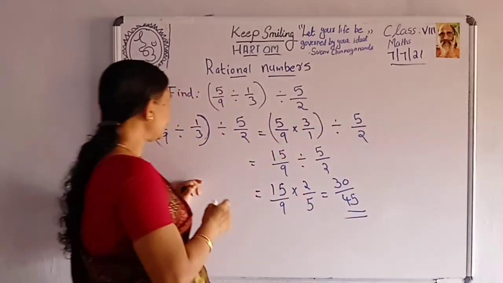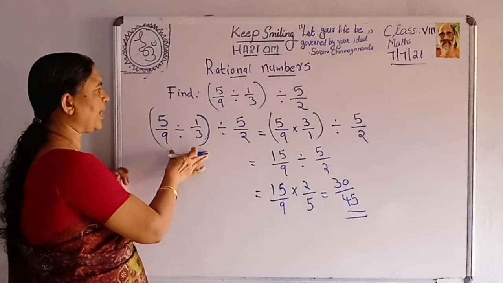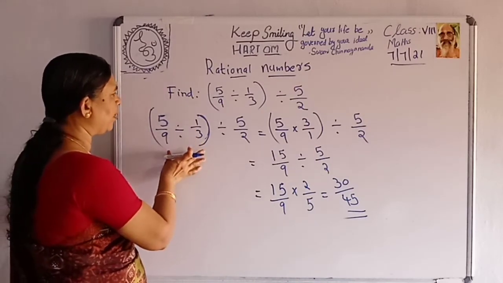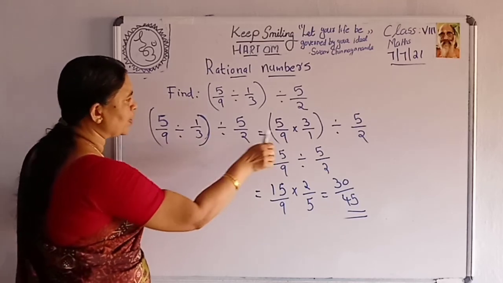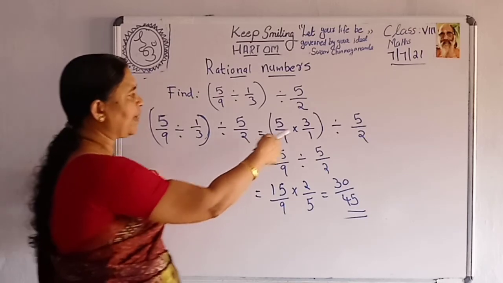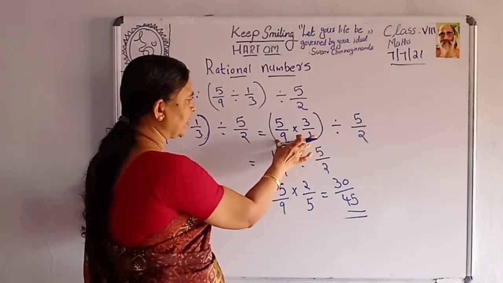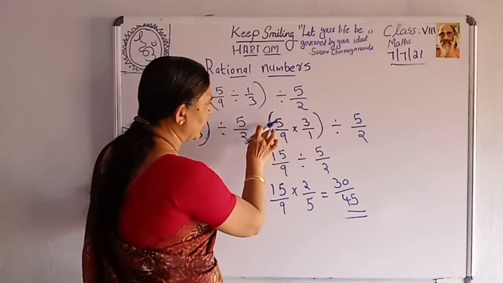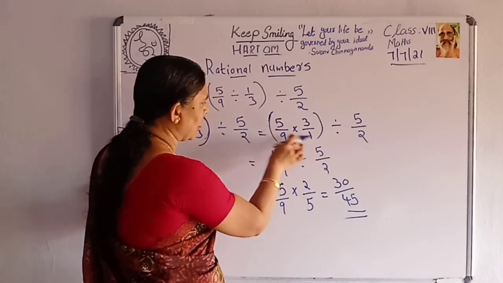So to find 5 by 9 divided by 1 by 3 divided by 5 by 2, first we simplify the bracket. 5 by 9 divided by 1 by 3 is equal to 5 by 9 into the reciprocal of 1 by 3, which is 3 by 1. Then divided by 5 by 2. First we simplify this product in the bracket. That is 5 into 3 is 15, 9 into 1 is 9.